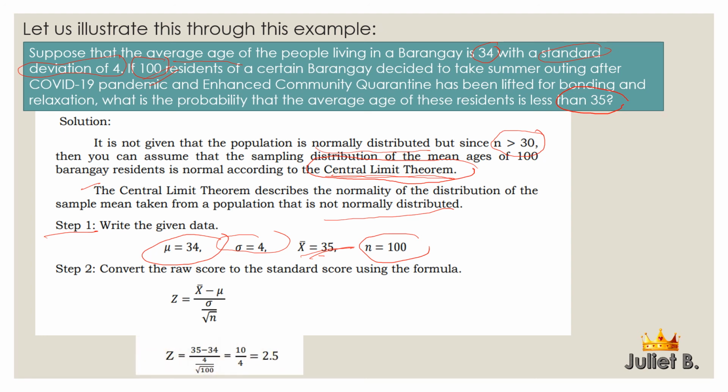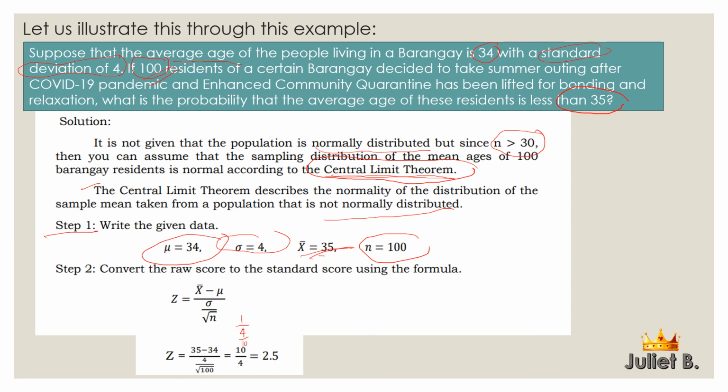So, we have the sample mean is 35 minus the population mean is 34 divided by standard deviation 4 over the square root of the sample size, which is 100. So, we have 35 minus 34 is 1. 1 over 4 over 10.